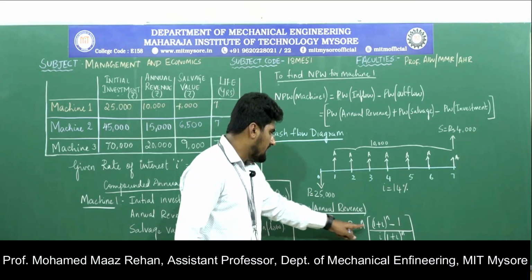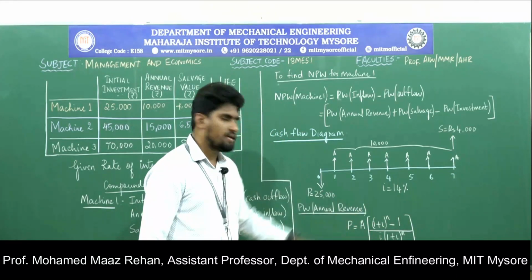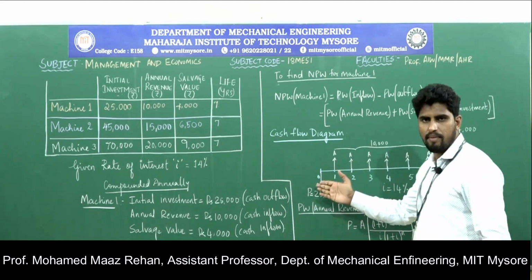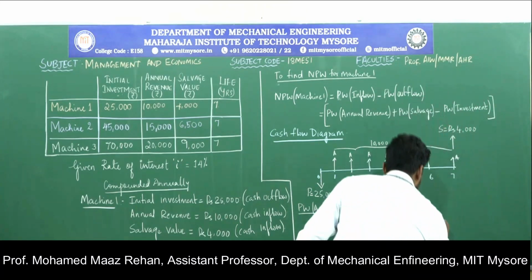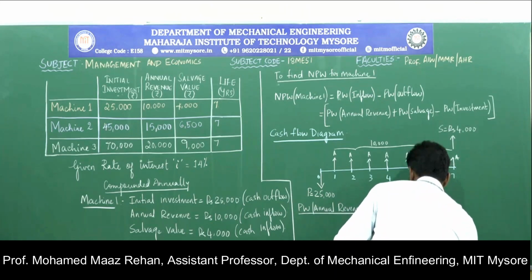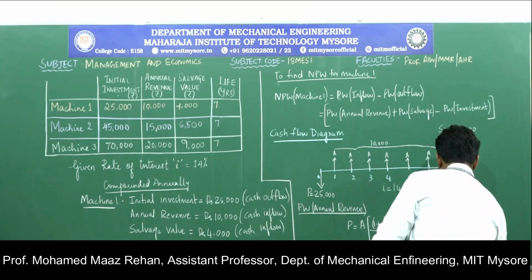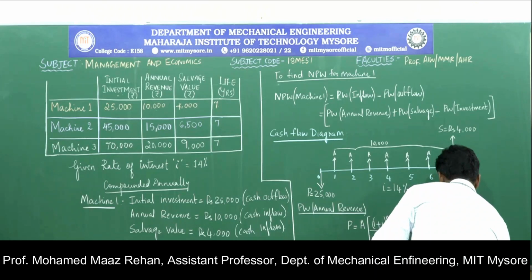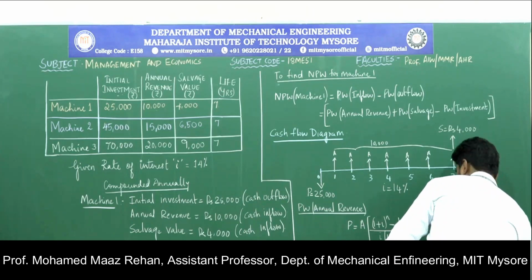This is the relationship between P and A. We need to find P when all other terms are known. So we are converting these A's to P. A we know, it is 10,000, into (1 plus i), where i is 14%, that is 0.14, to the power of 7 minus 1, whole divided by 0.14 into (1 plus 0.14) to the power of 7.